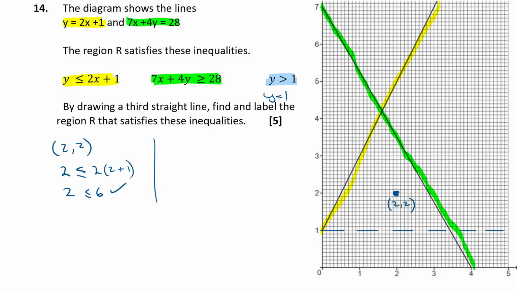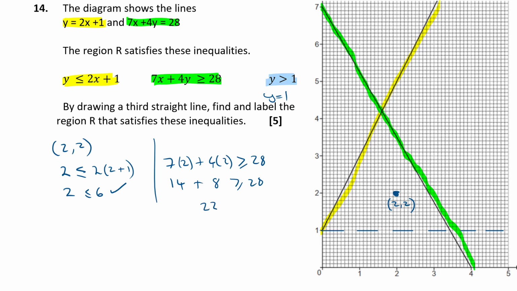Let's just double check the green line. So for 7x plus 4y greater than or equal to 28, 7 lots of 2 plus 4 lots of 2, is that greater than or equal to 28? True or false? Well, 7 2s are 14, 4 2s are 8. Add them together. Is that greater than or equal to 28?